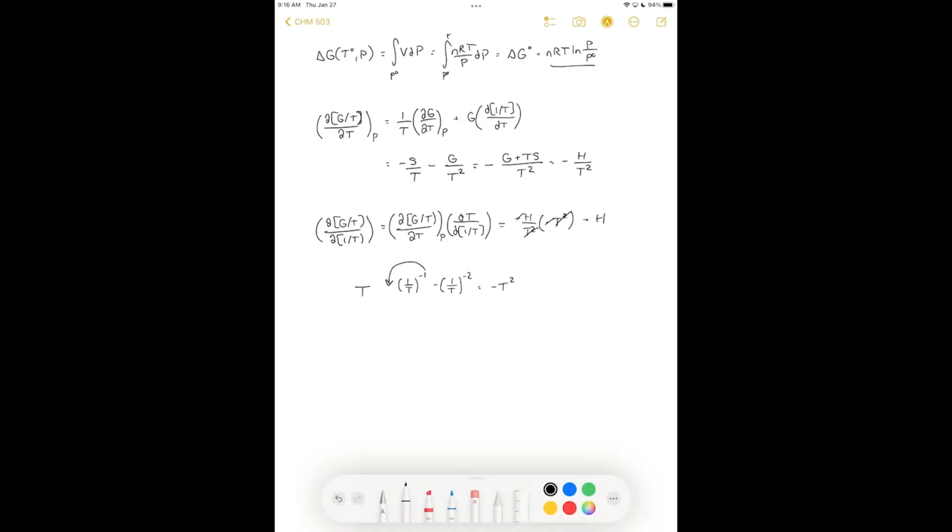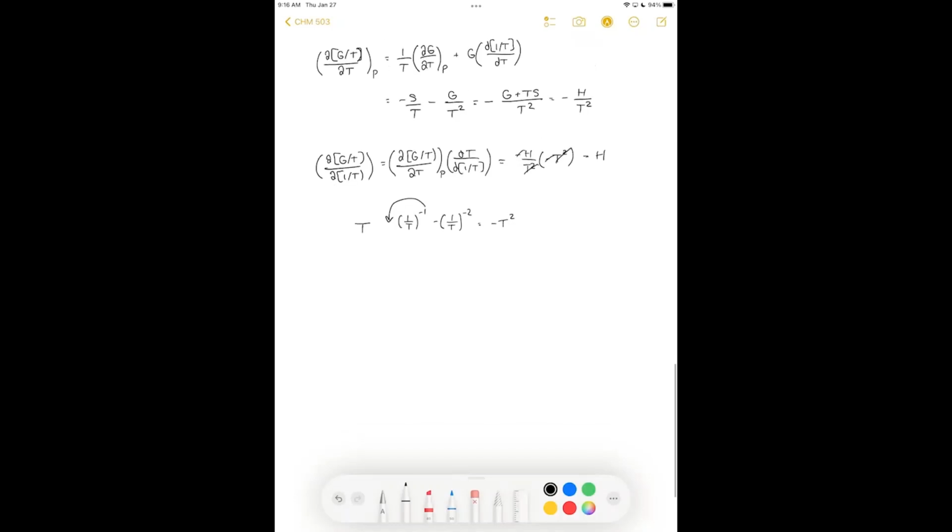So we can integrate this expression to figure out how our Gibbs free energy is changing as a function of temperature. So if we integrate from T1 to T2 of the derivative of delta G over T, this is going to be equal to the integral from T1 to T2 of delta H d(1 over T).